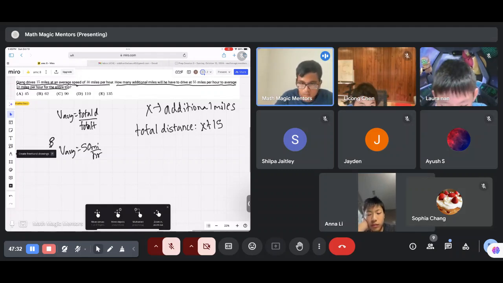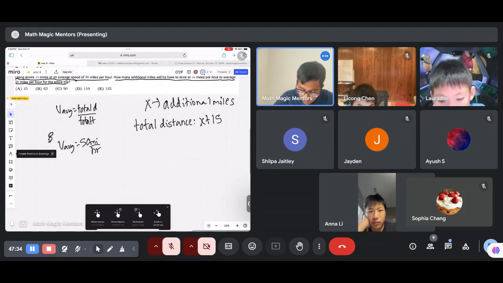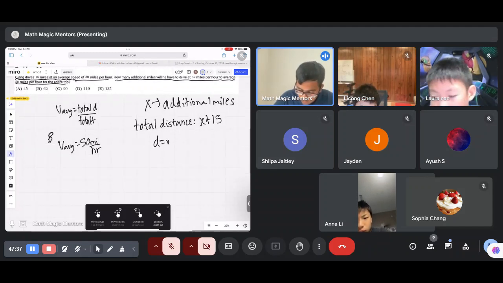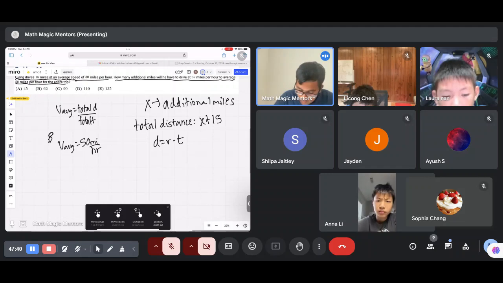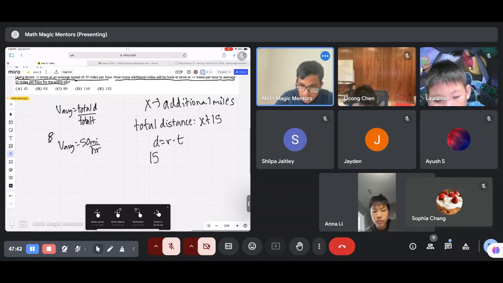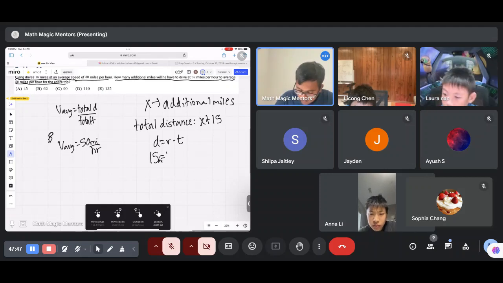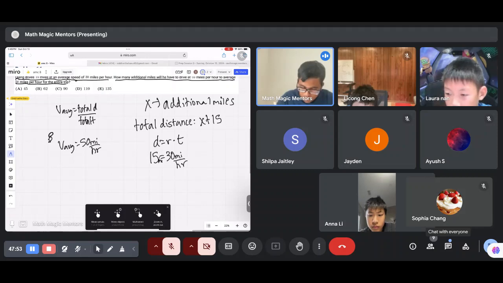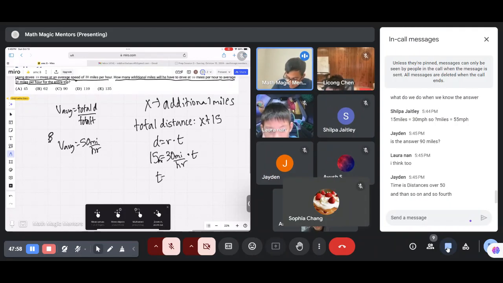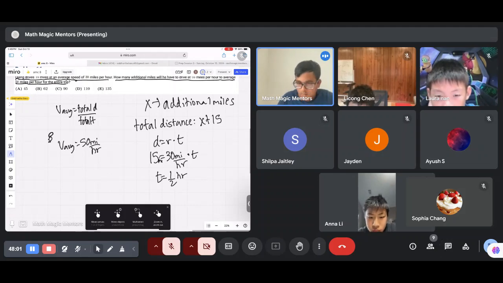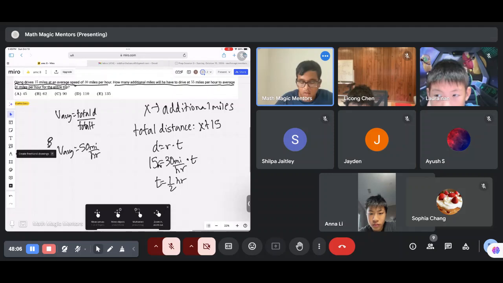For those of you that don't know what's going on, it's a simple application of the distance equals rate times time formula. 15 miles is the distance, he travels at an average speed of 30 miles per hour, multiplied by the time. So our time is half an hour, or 30 minutes. We'll keep it as hours here because the rate is in miles per hour.